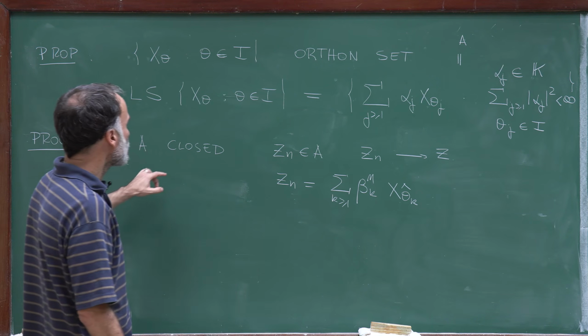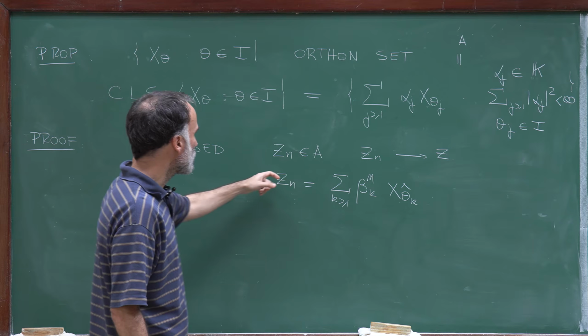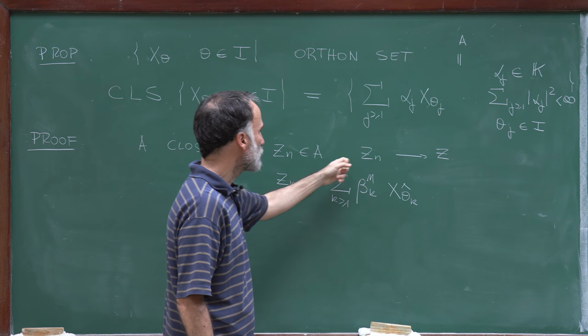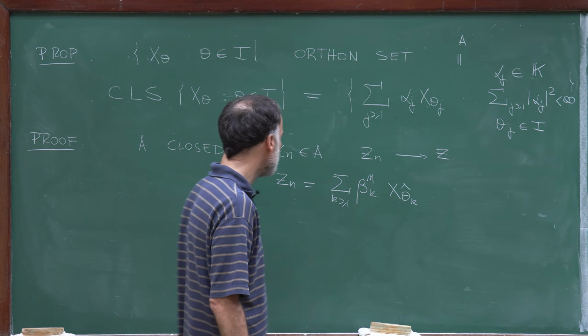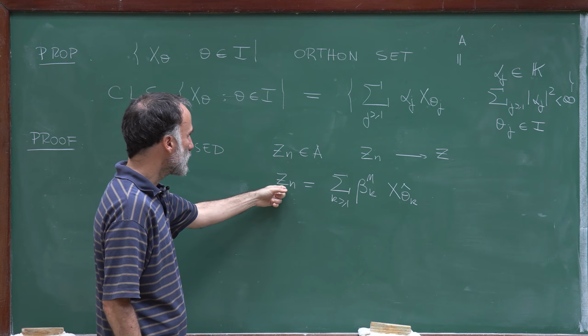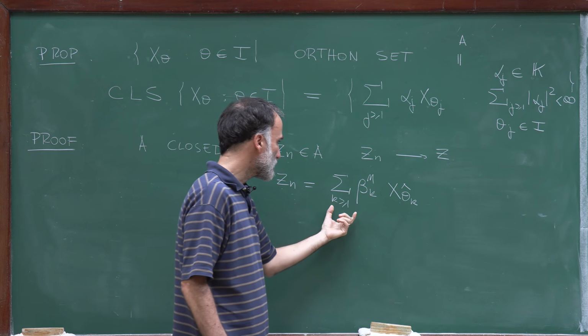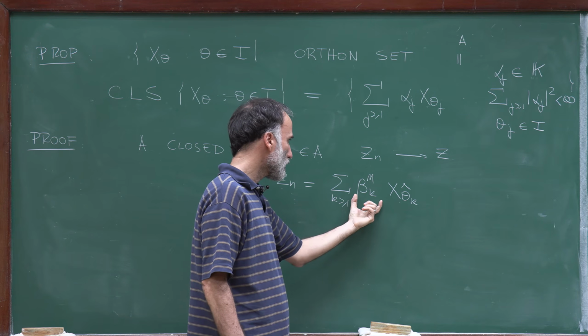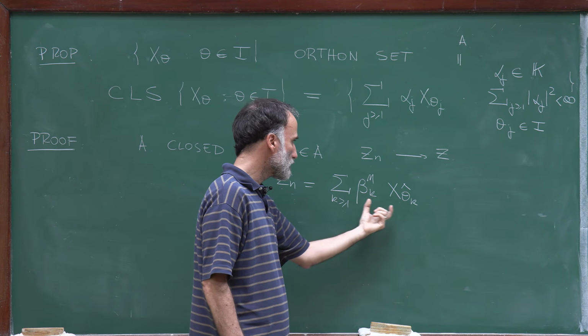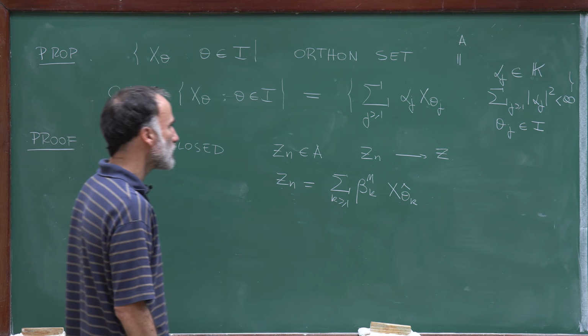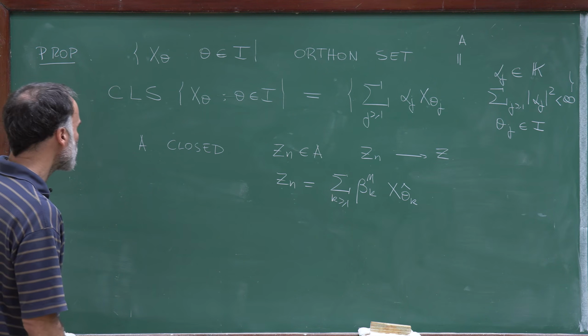So we want to show that A is closed. We fix the sequence Zn in A, which is converging to Z. And we were able to represent Zn as a countable sum of scalars times these vectors x theta hat k.